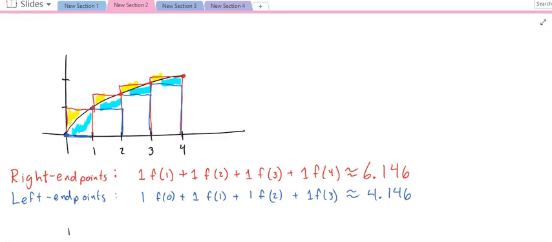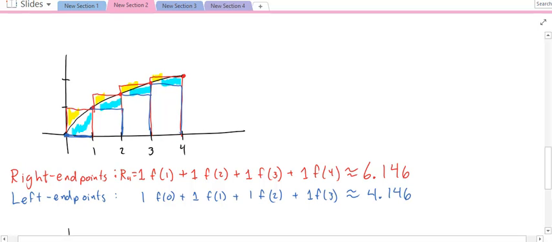But we can still do the same sort of thing. We're using the right endpoints, so that means we take the height of our first rectangle at 1, the height of our second rectangle at 2, so that's f of 2, and f of 3 would give us the height of this third rectangle, and f of 4. Since we've split this up into 4 equal intervals, we might say that R4, using our right endpoints, is approximately 6.146.